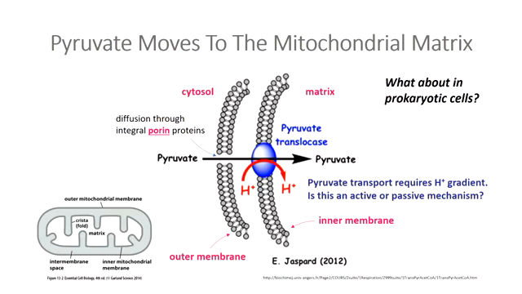But there are porins that will allow pyruvate to cross the outer membrane of the mitochondrion. Now it's in the space between the inner and outer membranes, the intermembrane space, which is going to turn out to be very significant. But there's no porin here in the inner membrane that is going to allow our pyruvate to just diffuse in.